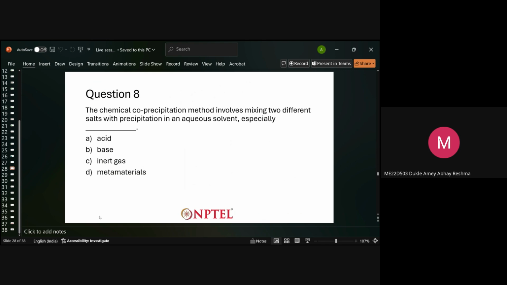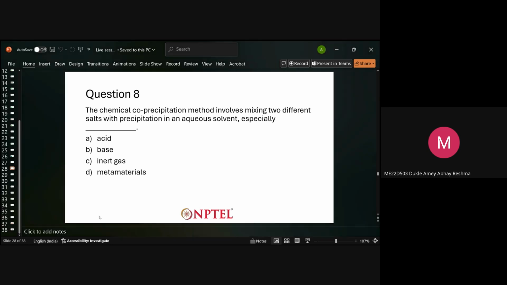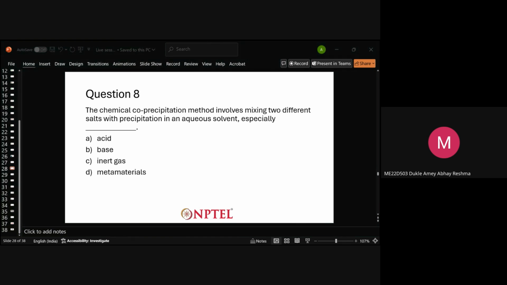Chemical co-precipitation method involves mixing two different salts with precipitation in an aqueous solvent, especially an acid, base, inert gas, metamaterials. So it's a very simple thing. Any guesses? The co-precipitation method is where we are using two metals. If you want to make, say, magnetic nanoparticles of iron, first you will use ferric chloride and ferrous chloride.